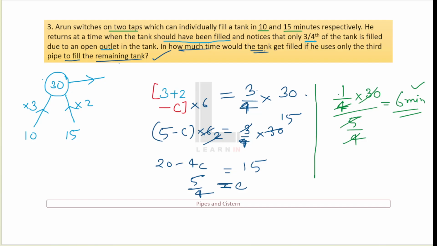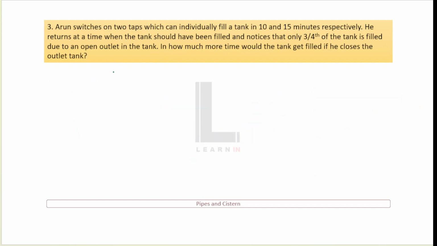Now there are certain times when the setter of the paper includes data which is not necessary. For example, in this question, Arun switches on two taps which can individually fill in 10 and 15. The same question, but here, in how much more time would the tank get filled if he closes the outlet? We had 30 units, and 1 upon 4th unit was remaining.